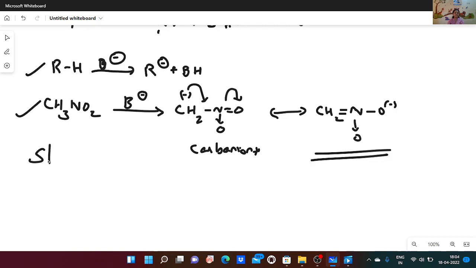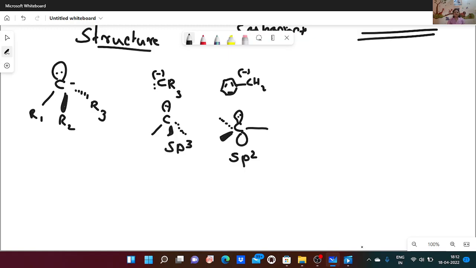Then next we have structure. Structure means hybridization. Mainly we are explaining the hybridization of the carbon atom in a carbanion. If you are thinking about the structure of a carbanion, we can focus on 2 points. Generally, if you have an alkyl carbanion such as methyl, ethyl, isopropyl, CH3 minus, the hybridization is sp3.